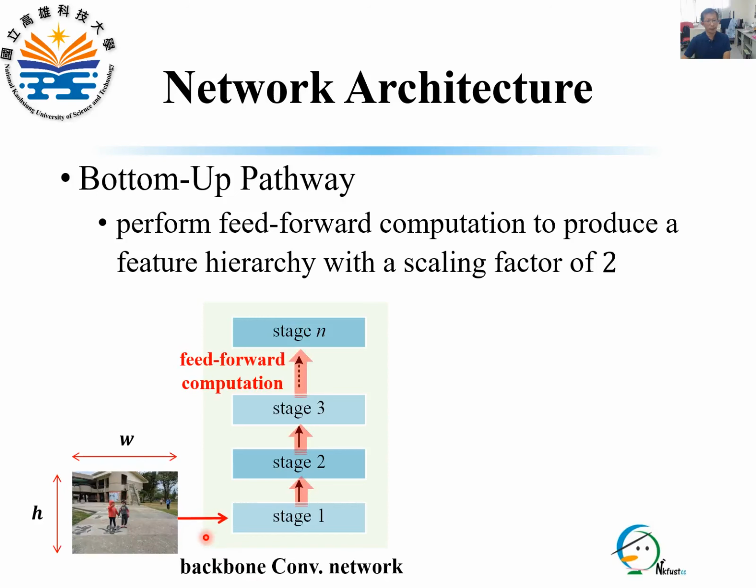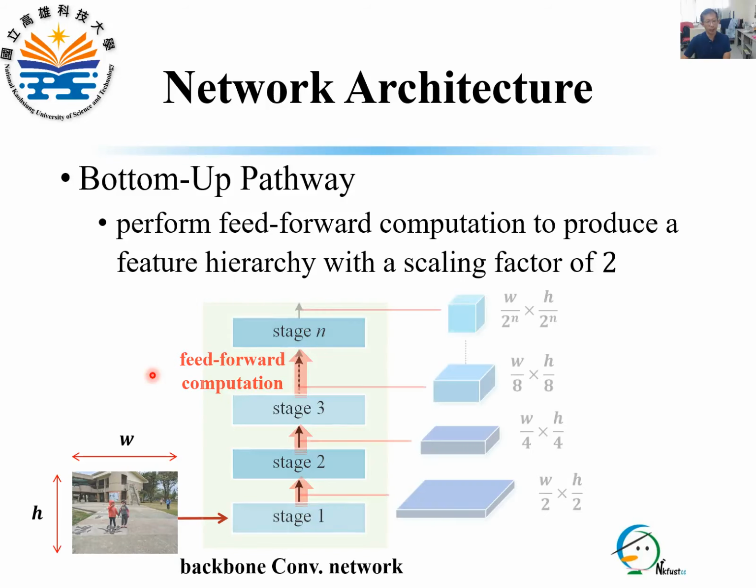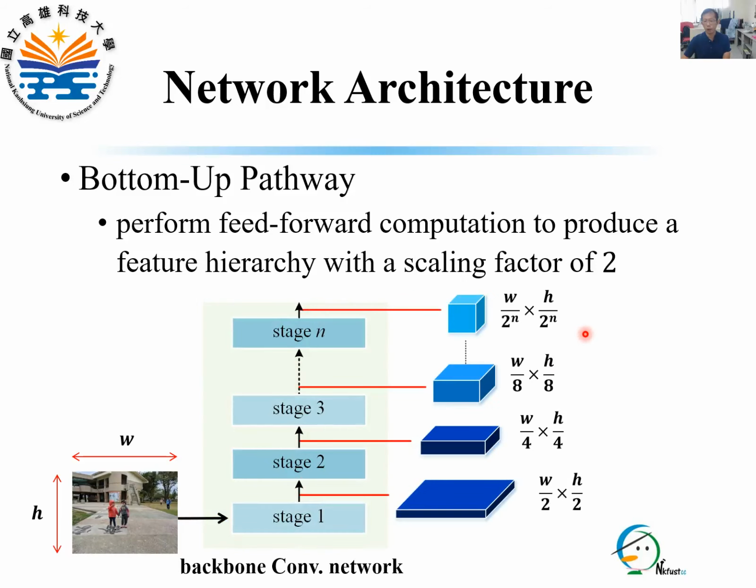For an input image, bottom-up pathway performs feed-forward computation and lastly produces a feature hierarchy with a scaling factor of 2. The feature maps at higher layers are with stronger semantics.